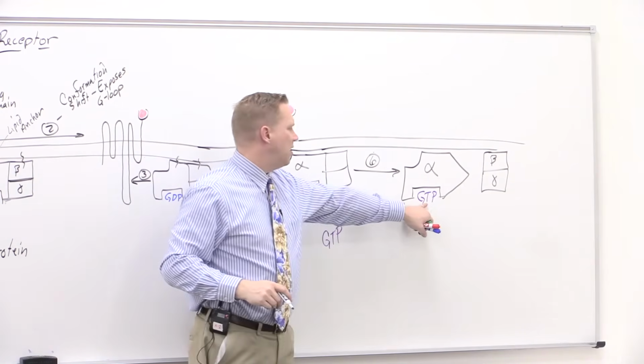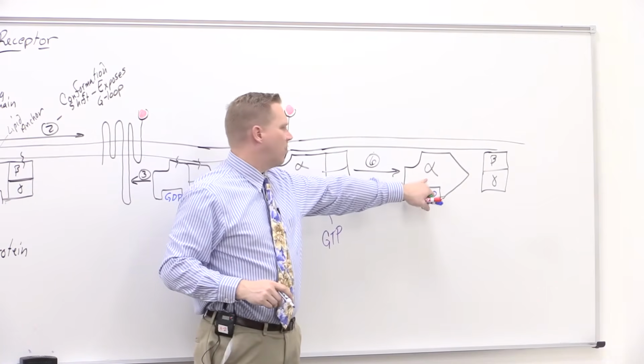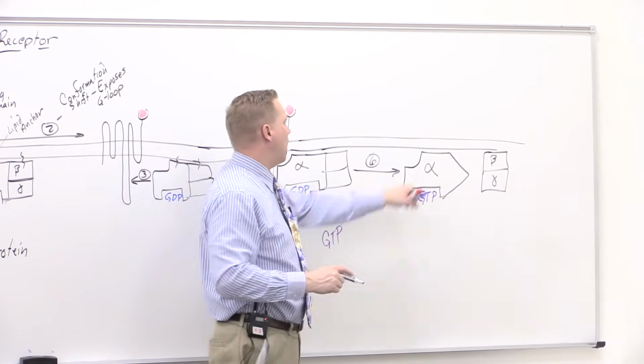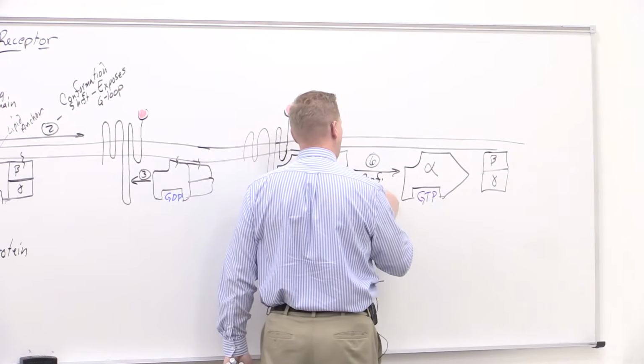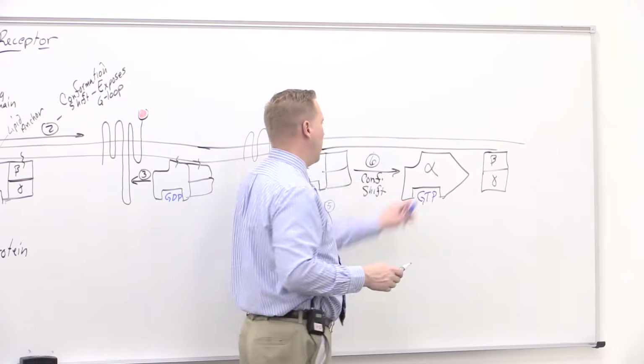So now when GTP fills that active site of the alpha protein, it undergoes a conformational shift. And so it changes shape.